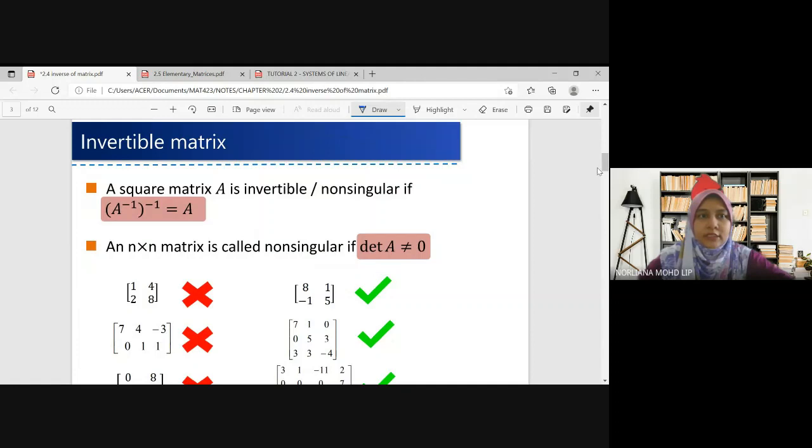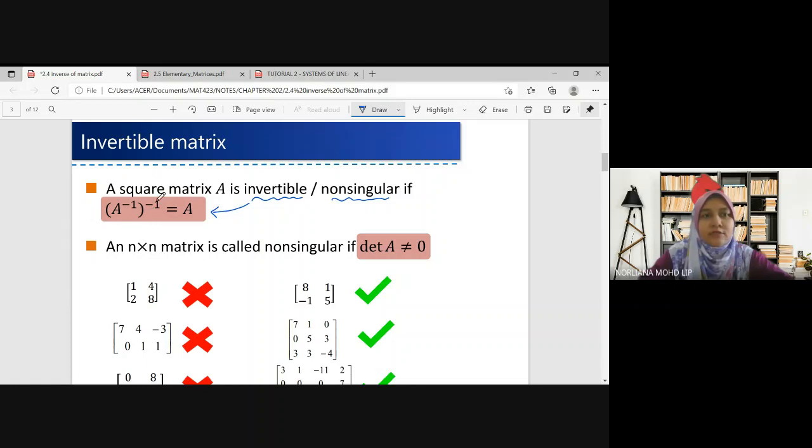We look at the invertible matrix. What is an invertible matrix? We say a square matrix A is invertible or non-singular if A inverse exists. We prove that a matrix is invertible or non-singular using this theorem.